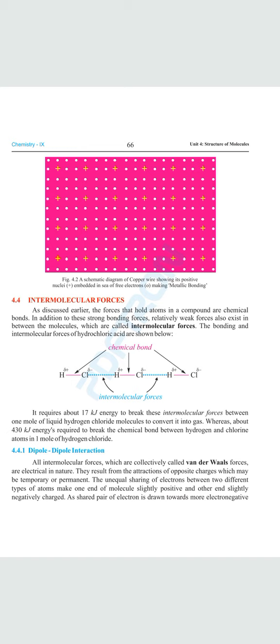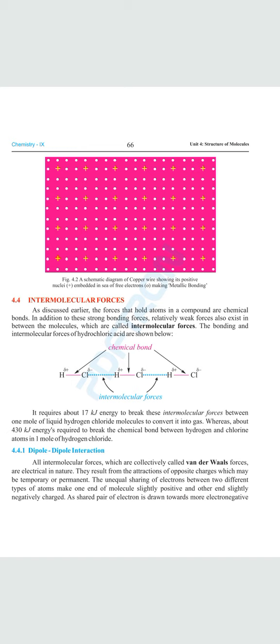These intermolecular forces are very weak, while chemical bonds are very strong. Similarly, intermolecular forces remain weak, and they are very useful for making bonds between substances, molecules and compounds. Here we see three HCl molecules bonding with each other through intermolecular forces.